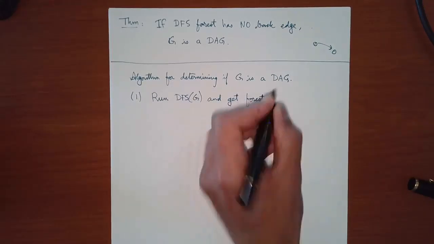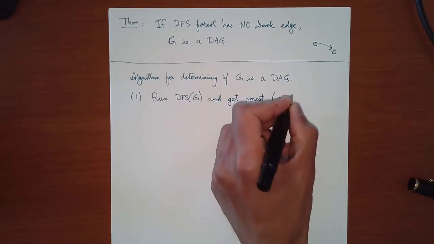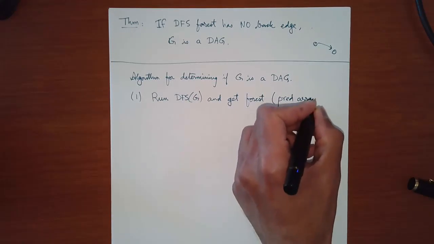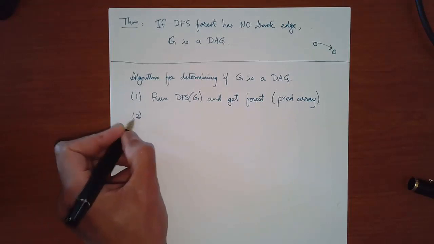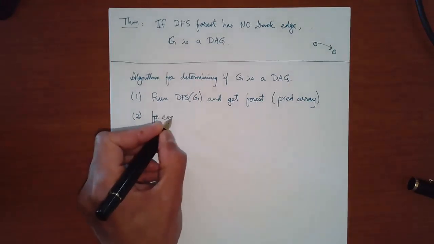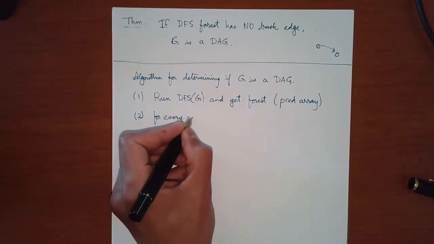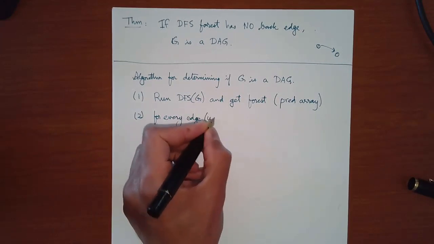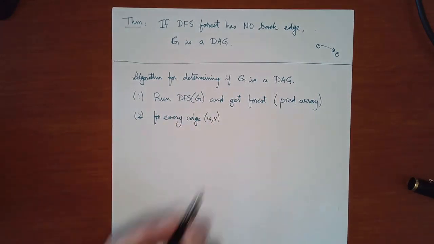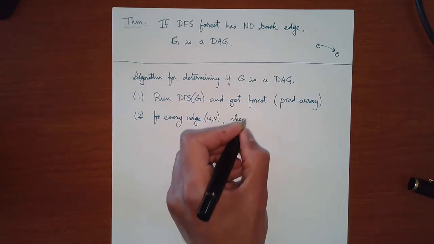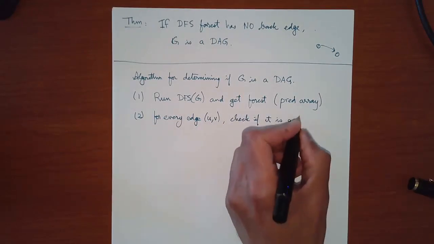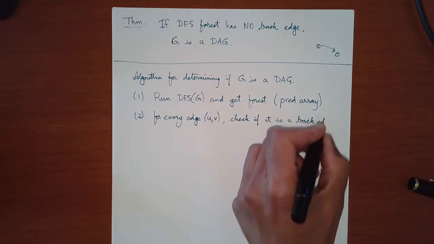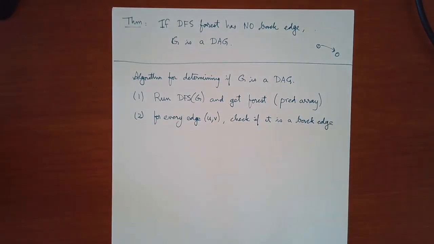Now the forest is stored in the predecessor array. And for every edge UV, check if it is a back edge.